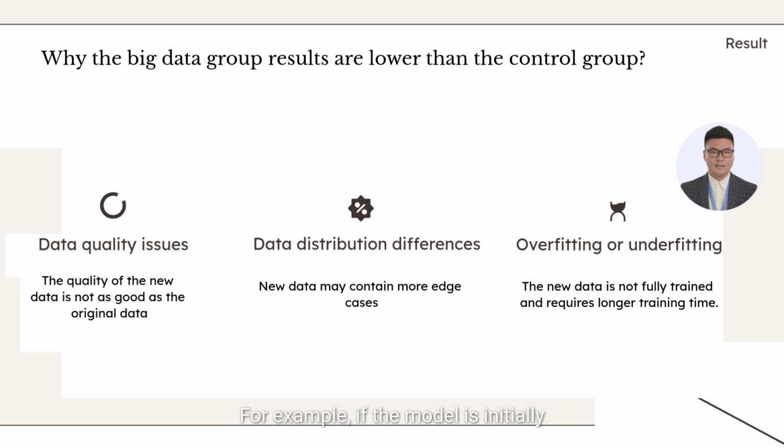For example, if the model is initially trained on indoor face images and later adds a set of face images taken outdoors with bright light or shadows, the feature distribution of these new images is significantly different from the original image. The model may be confused by this difference between the old and new data, making it difficult to accurately identify in all cases. Third, overfitting or underfitting, because when we use a larger dataset, we may need more epochs for the model to learn adequately, and it may not perform as well as expected if the epoch is insufficient.